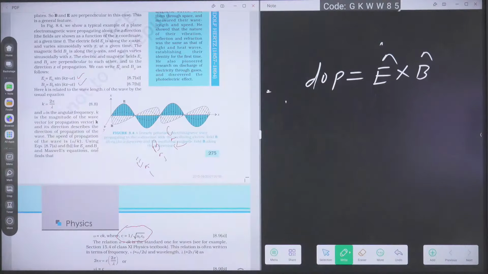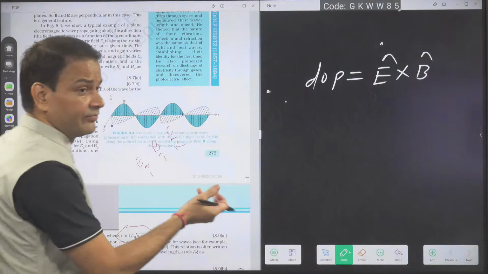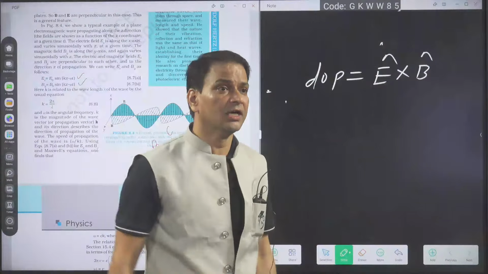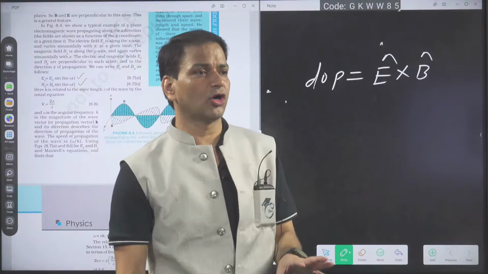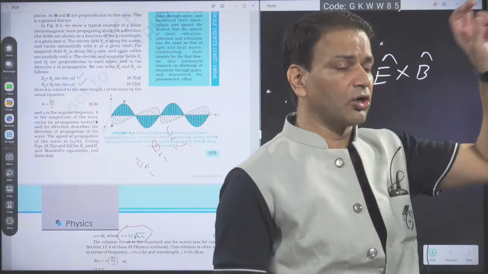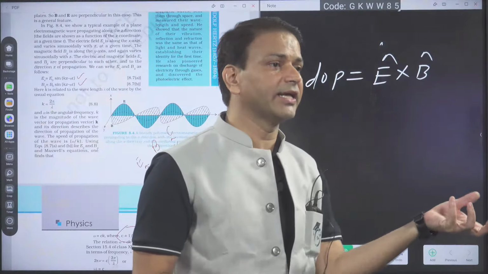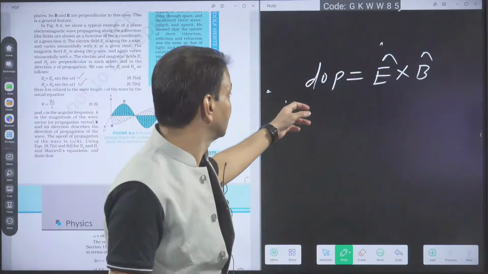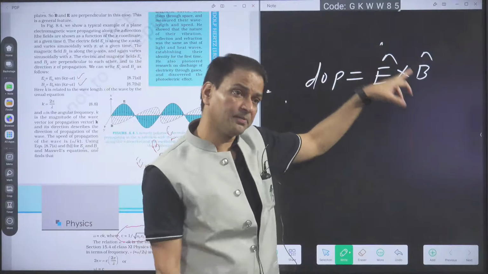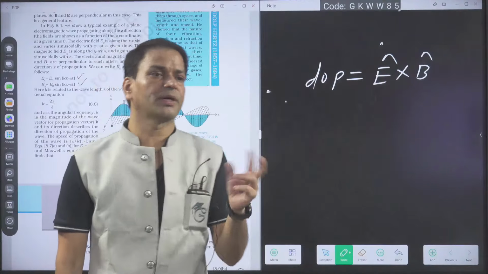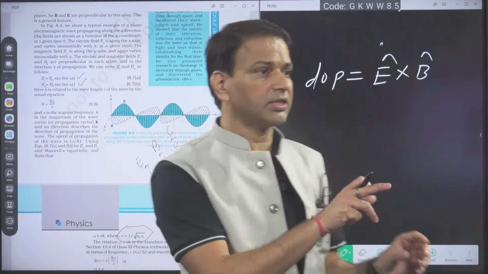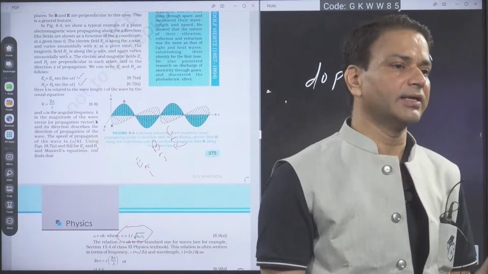We have to write E cross B because the cross product is non-commutative, so we cannot write B cross E. We have to take E cross B. In vectors we also learned that A cross B is the vector perpendicular to both vector A and vector B. So DOP is perpendicular to both E and B, and E and B are also perpendicular to each other. So all three are perpendicular to each other in the EM wave.